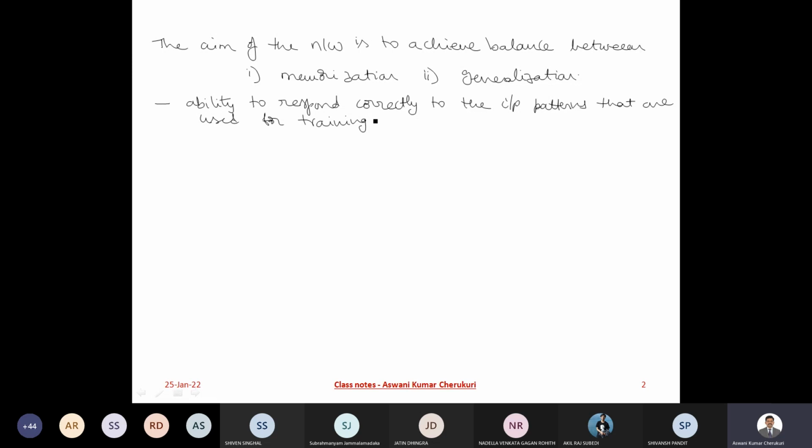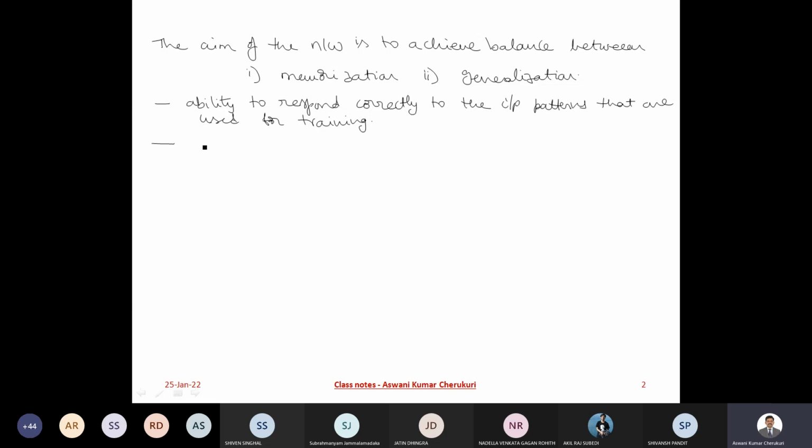If I present the input 1 1 0, the network should give me back 0 upon training. Once you train the network and training is complete, when you present the pattern, the network is supposed to provide the answer for which it was trained.